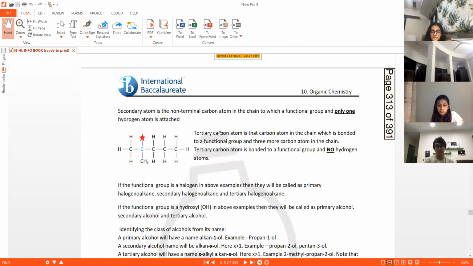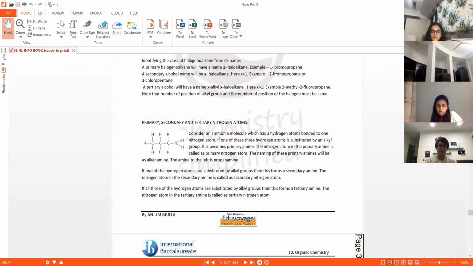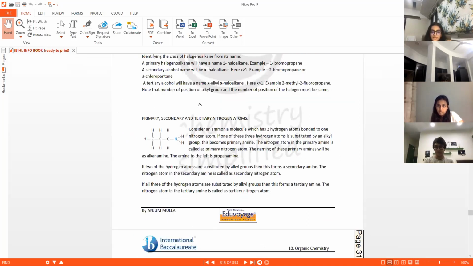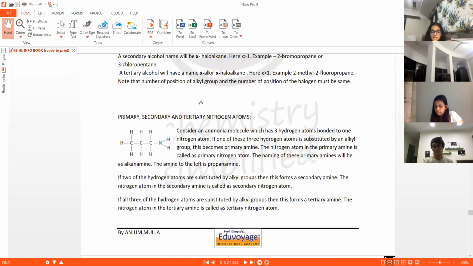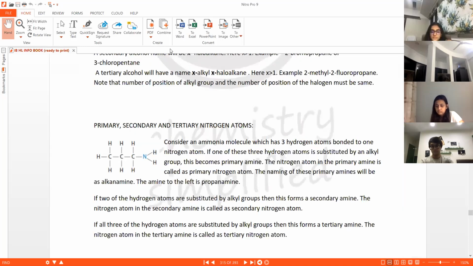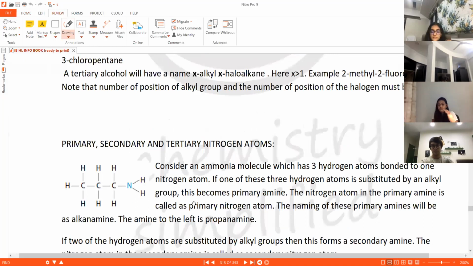That is how you classify any carbon atom. Now primary, secondary, tertiary nitrogen atom. This is pretty simple. As I said, for a nitrogen atom, you should always imagine that it is made from ammonia.